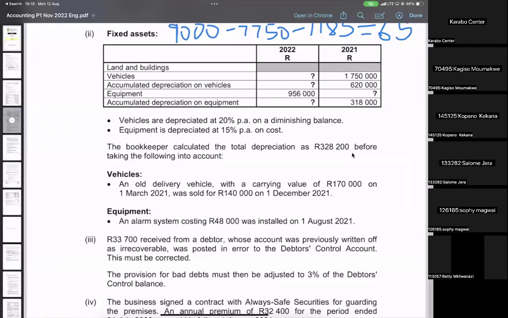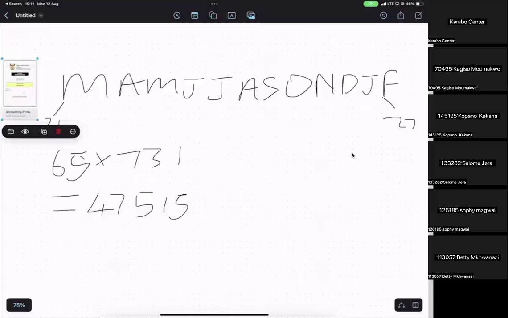So we have vehicles, and then they say an old vehicle with a carrying value of 170,000 on 1 March 2021 was sold for 140,000 on 1 December 2021. So guys, for this transaction, I'm gonna need a bigger space.